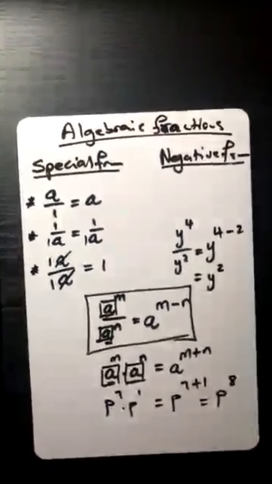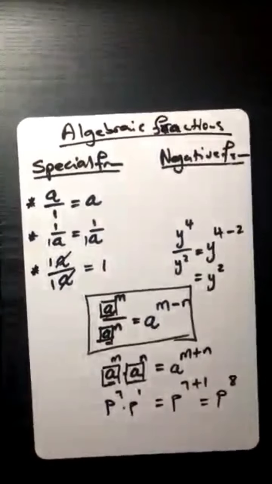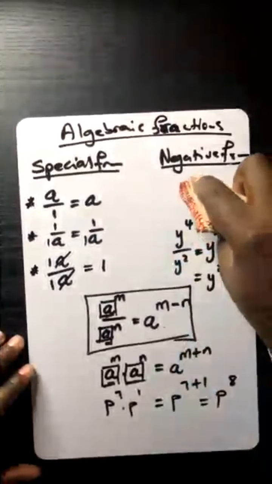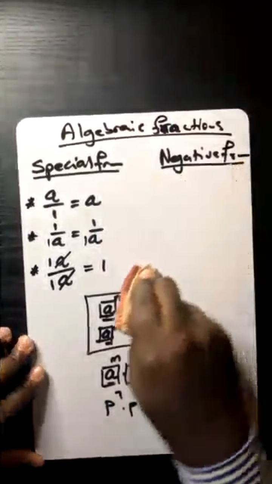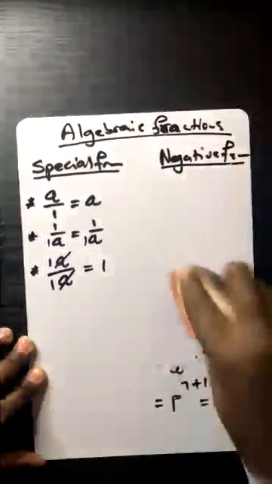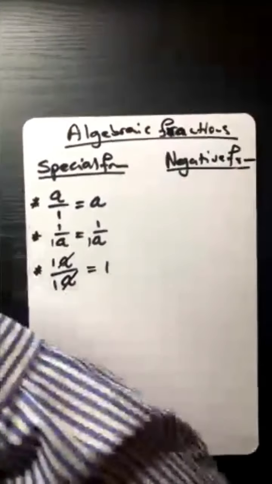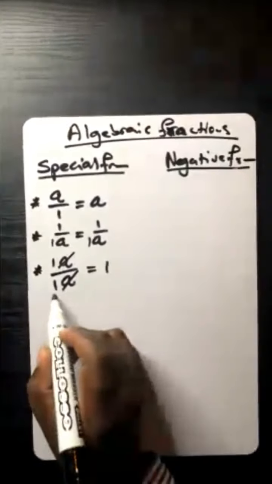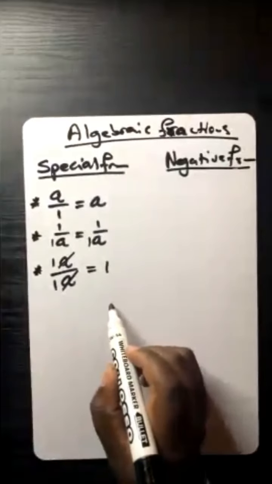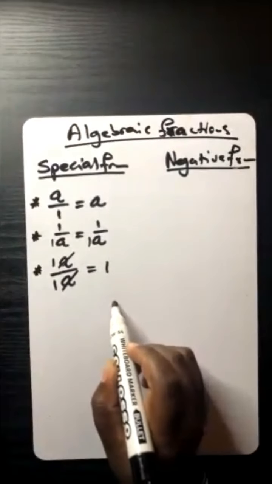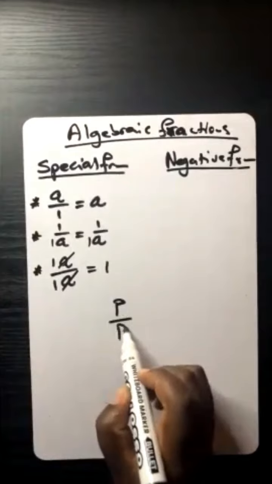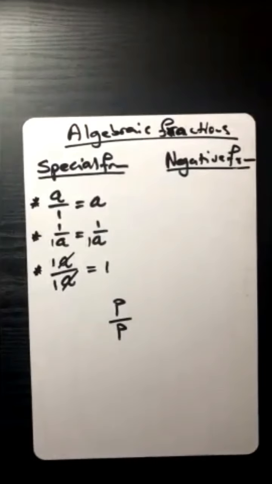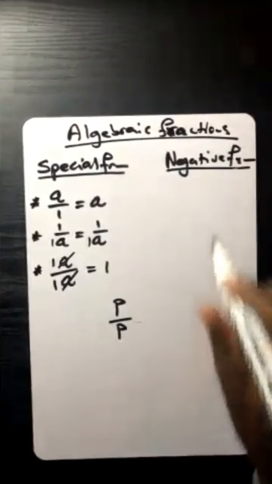Yes, sir. Okay, so let me remove all of this, but I want you guys to fully understand this one: when you have p divided by p, how can we apply that rule?